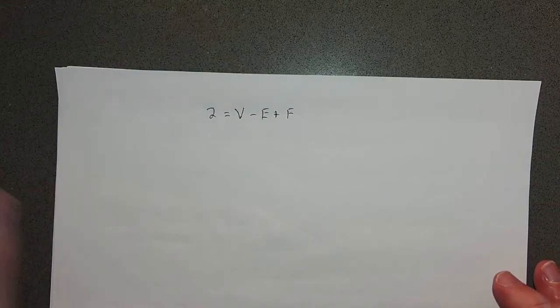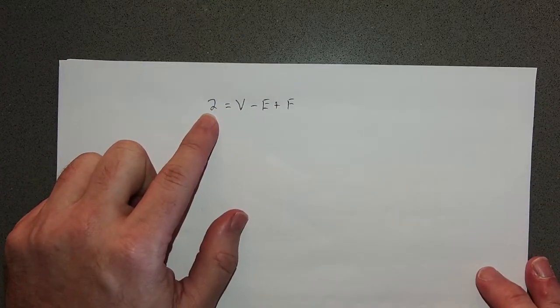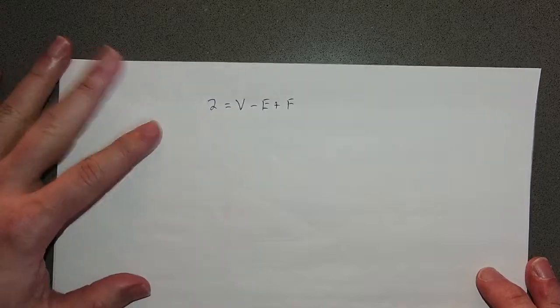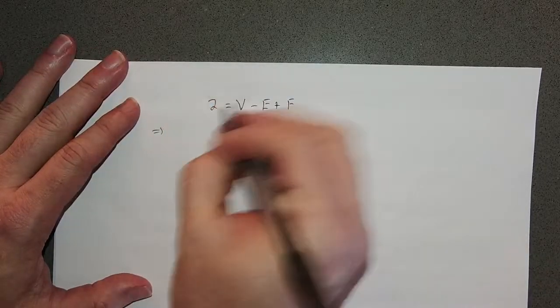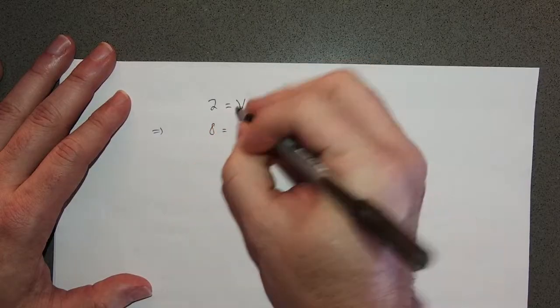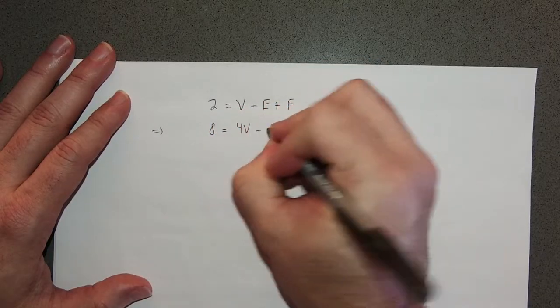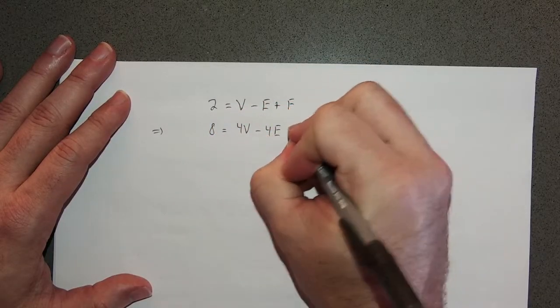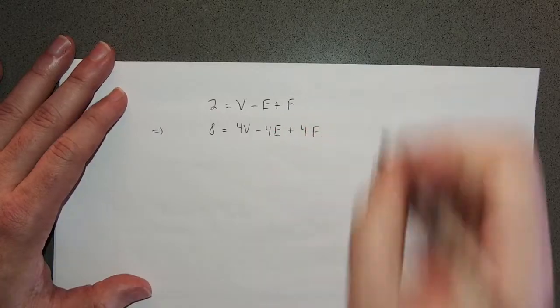Okay. I need more here to work with. So I'm going to do some algebraic trickery here. So I'm going to multiply both sides of this by 4. So this is going to be 8 is equal to 4v minus 4e plus 4f.